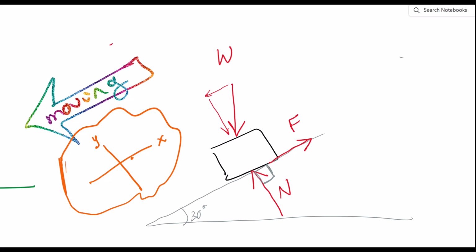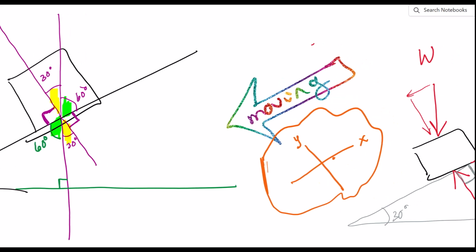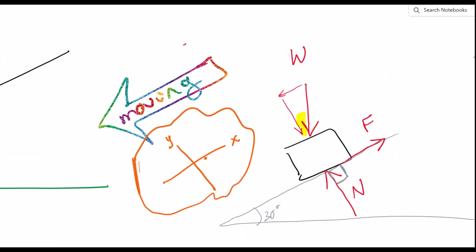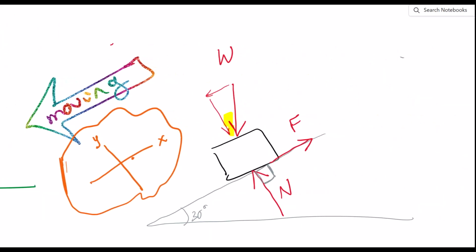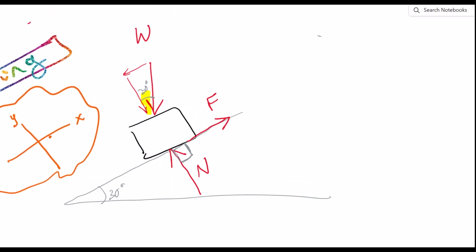Okay, so if I look at this picture over here, what was that angle? That angle right here was 30 degrees. So this angle right here is the same as this angle right here. So that's 30 degrees. Okay, and let's see. The opposite component is sine.